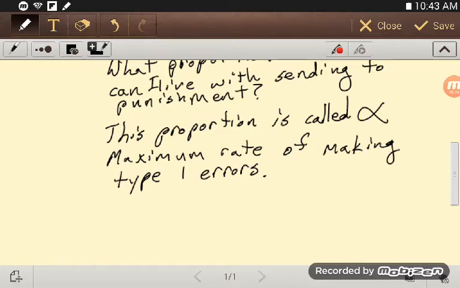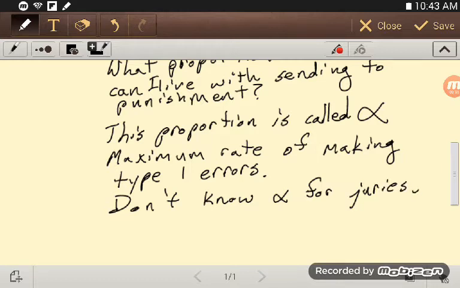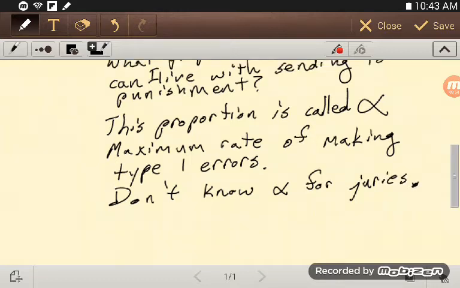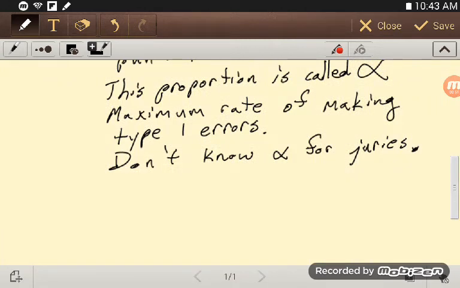But to me, that's something one has to talk about and think about. We have words for that, but we haven't actually quantified it, right? We haven't said what alpha is for juries. Don't know alpha for juries.